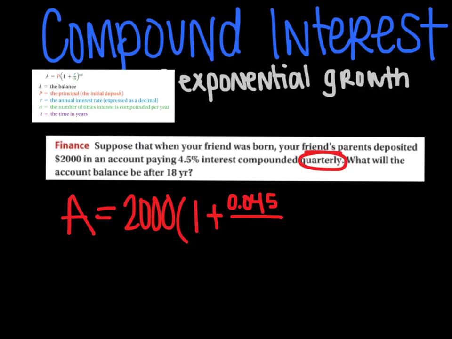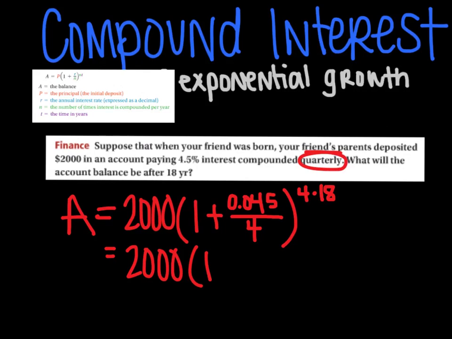It's compounded quarterly, which means it's 4 times a year. And then times N, which is 4, times T, which is the number of years, and that is 18 years. As you're solving this, you will then do your next point of multiplying the exponents together. So nothing else changes.